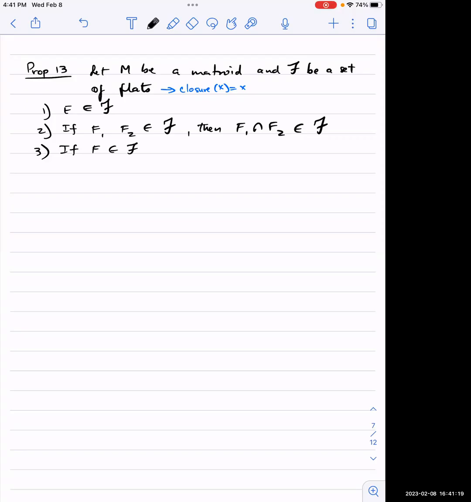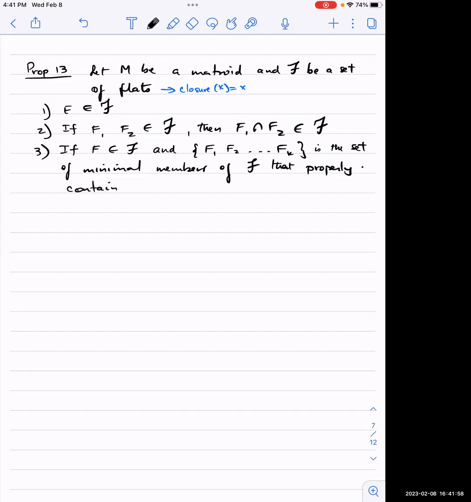And this one, I mean, the third axioms in each of these axiom systems are just pure genius. And the first 2 are fairly straightforward. 3: if F is a flat, and F1, F2 to Fk is the set of minimal members of F that properly contain the beginning flat F, then F1 minus F, F2 minus F, Fk minus F partition E minus F. And I need this when we do the lattice presentation of matroids.